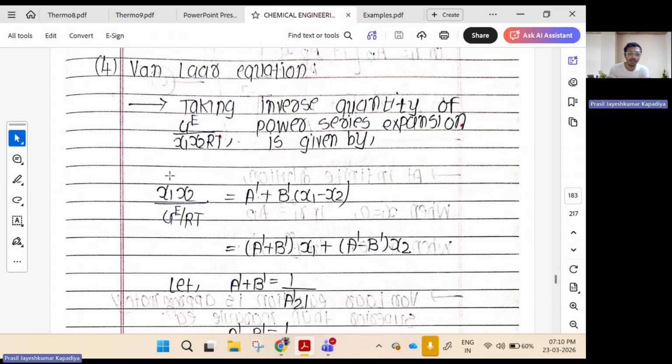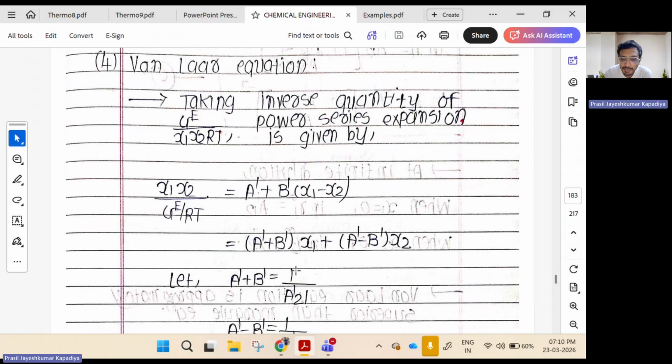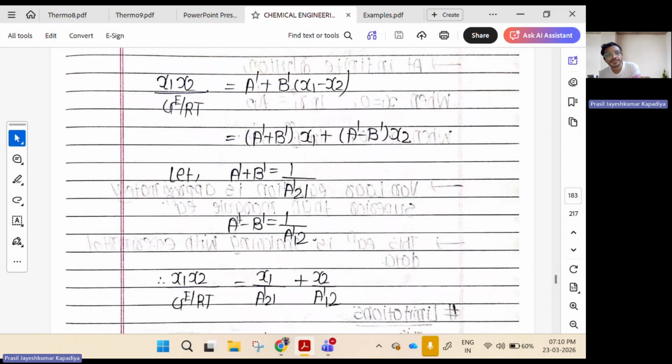So he wrote it as x1 x2 divided by G by RT is equal to A prime plus B prime (x1 minus x2). Similarly, A prime is multiplied with 1, so let's say it is x1 plus x2. So I have A prime plus B prime x1 plus A prime minus B prime x2. I can write A prime plus B prime as 1 upon A21 prime and A prime minus B prime as 1 upon A12 prime.